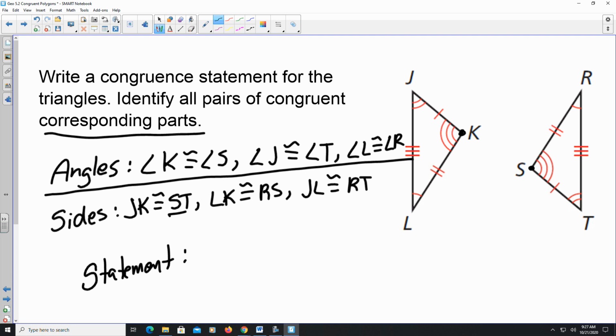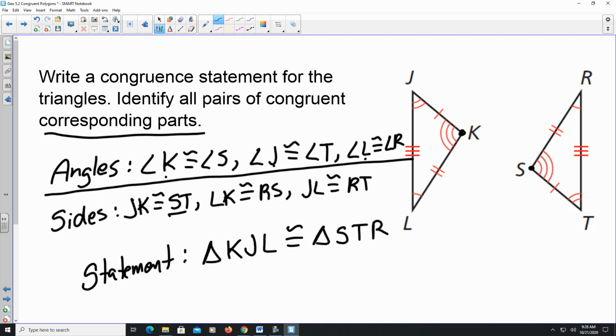So let's just say I said triangle KJL. So KJL is going to be congruent with triangle STR. And so I just wrote that with the corresponding angles.